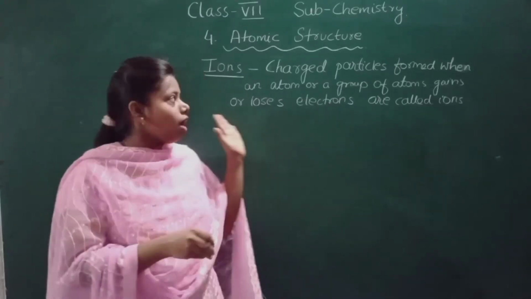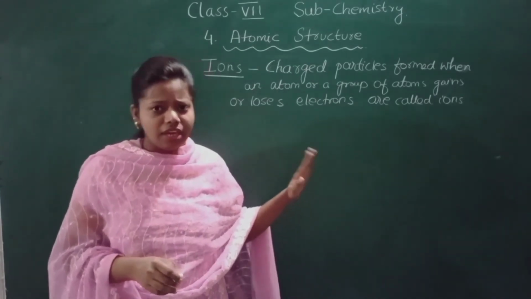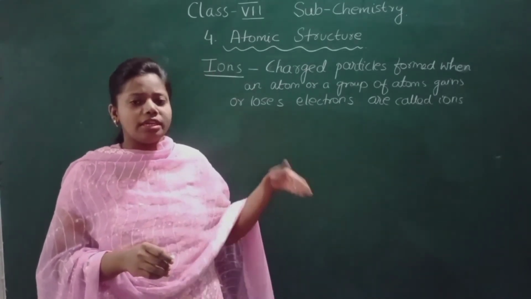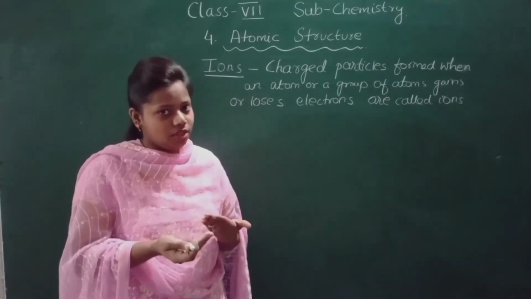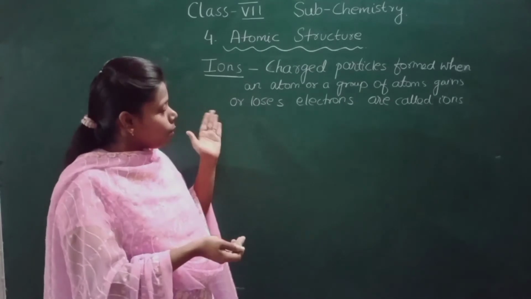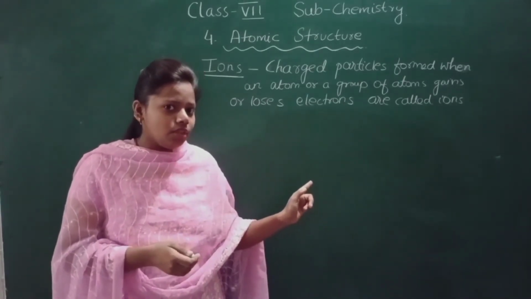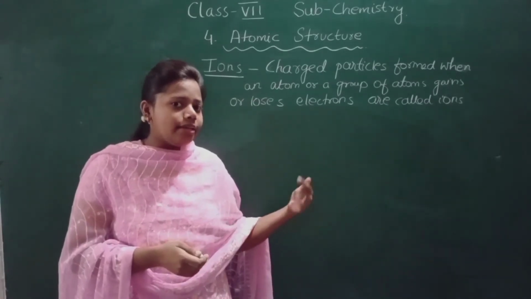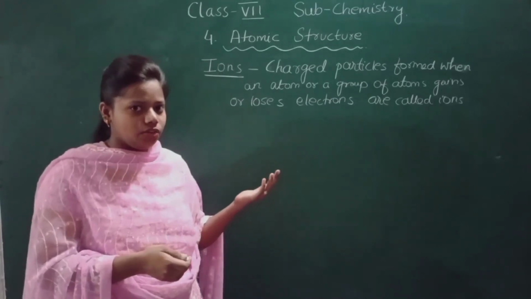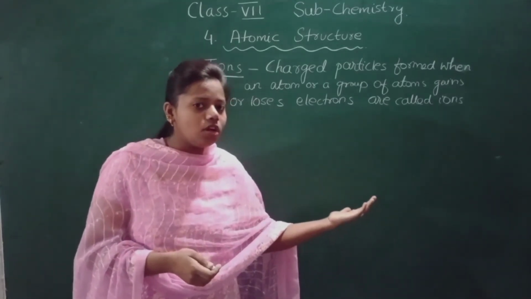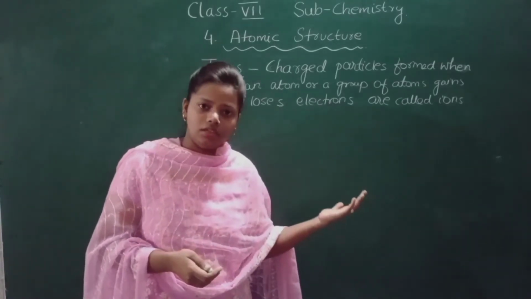Okay. Now what are ions? I've already explained in the structure of an atom, but let me tell you once again. Your concept will be more clear with this. What I said in the structure of atom is that when the atom will lose the electron or gain the electron, it forms a charged particle.